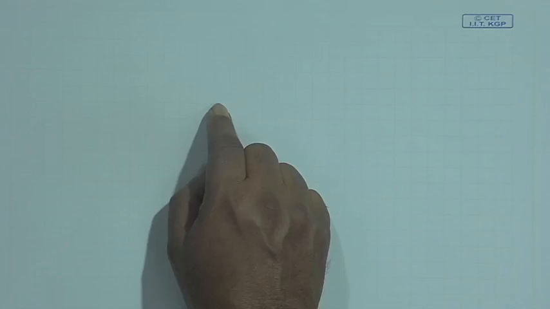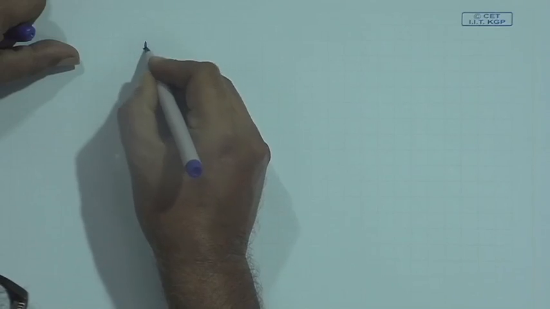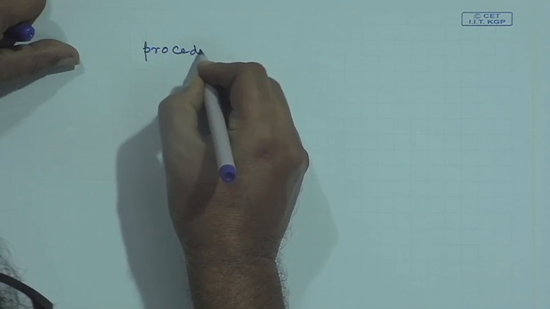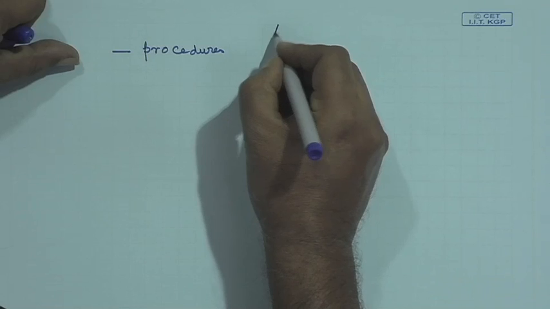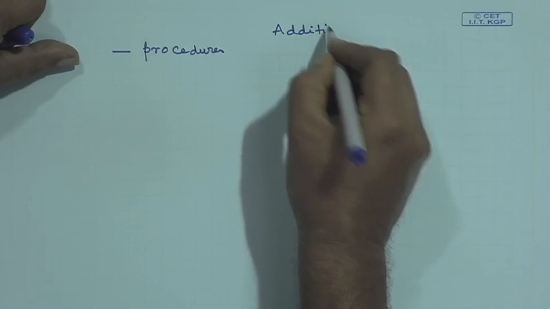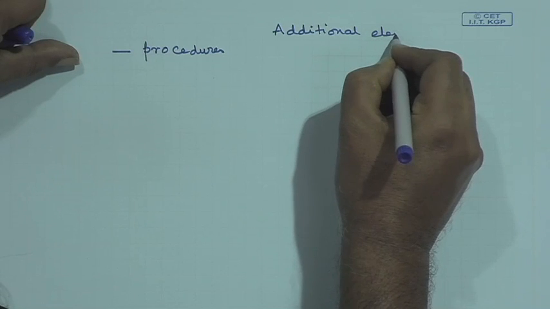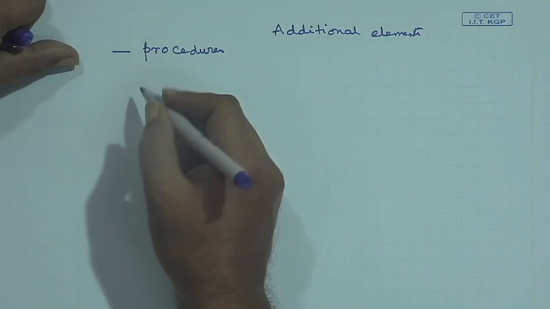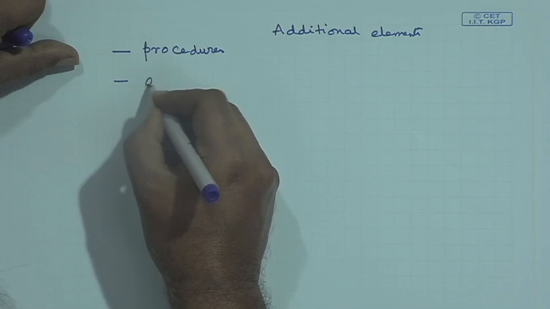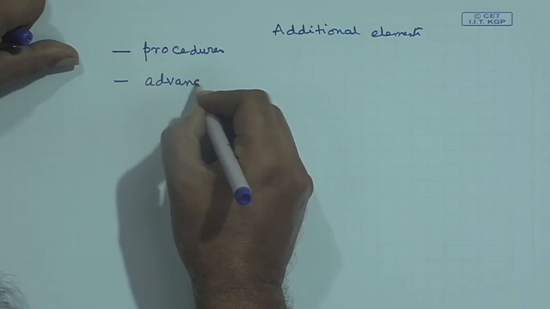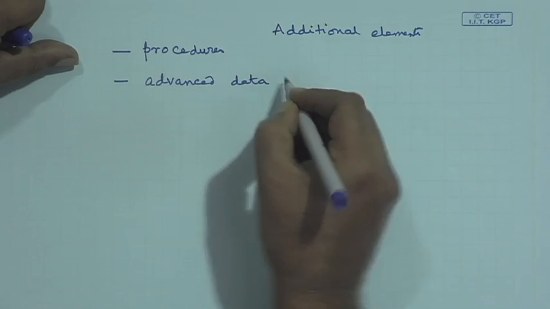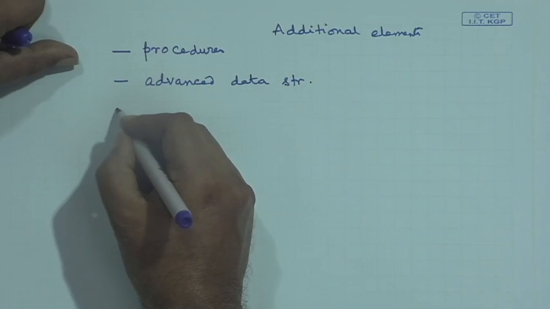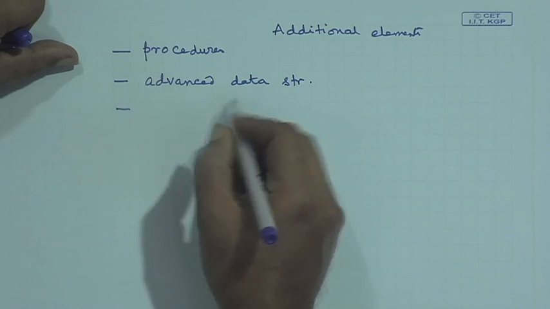There are additional language elements like procedures. We can add procedures, and we can have additional elements which I am not discussing in detail. We can have advanced data declarations, data structures you can put in, and you can create and terminate processes.